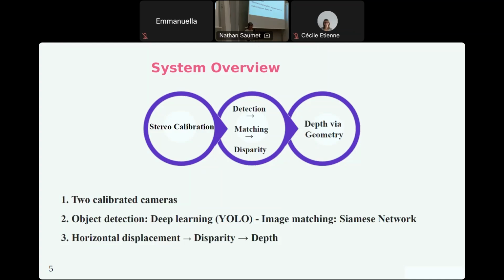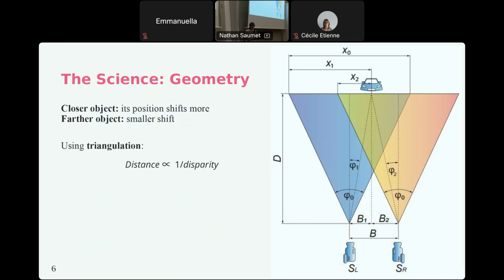Then, using image matching algorithms, we can match the image in the left and right cameras, and this can be done with a Siamese network. Finally, we can find the distance with geometry and triangulation formulas.